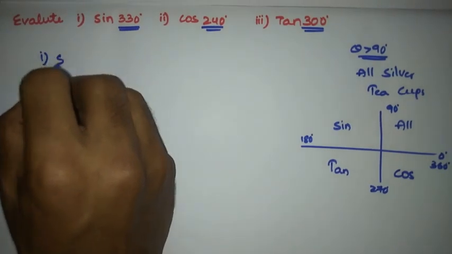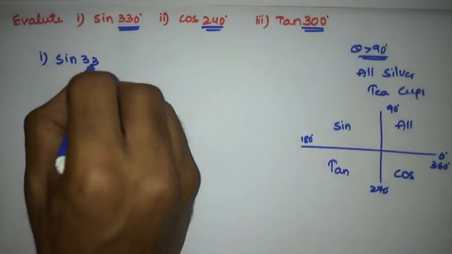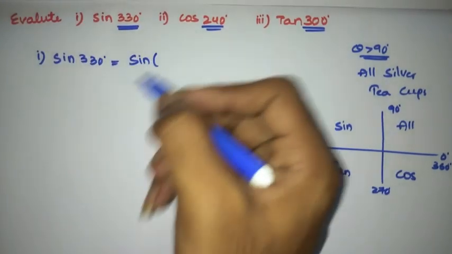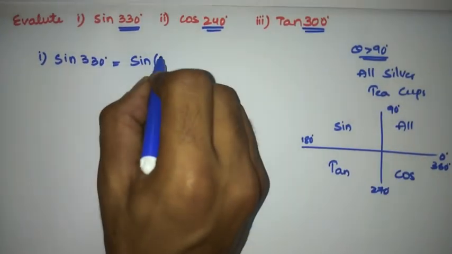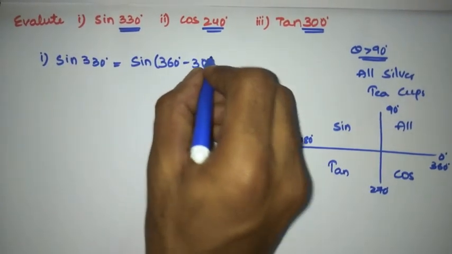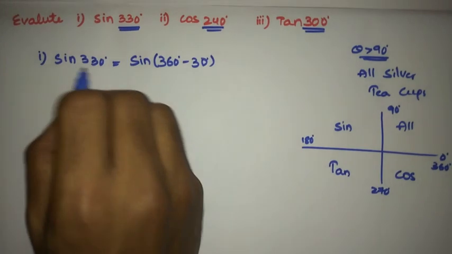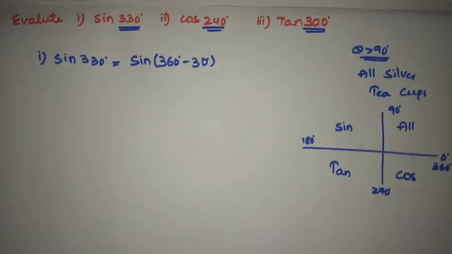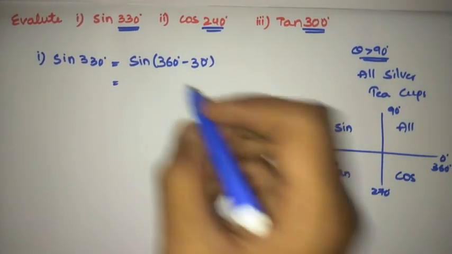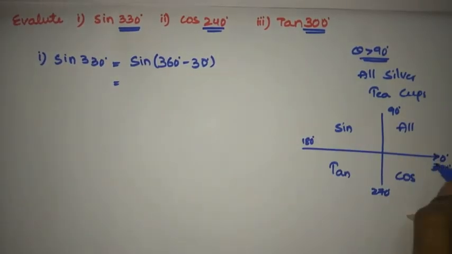First one is sine 330 degrees. Sine 330 can be written as 360 degrees minus 30 degrees. We have 360 here, and we are subtracting some angle from this. That means it lies in quadrant number 4.